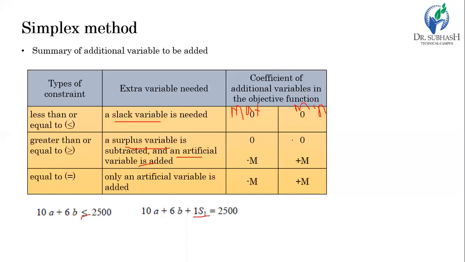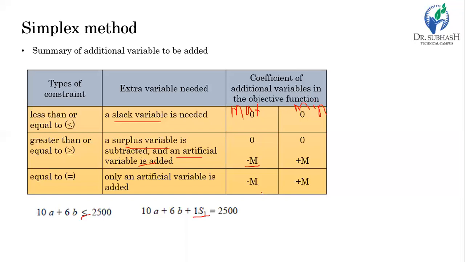Whereas the artificial variable, which is already added with the positive sign in the constraint, must be added to the objective function with a minus M coefficient, where M is a very big value, also called a penalty, in a maximization case. And if the minimization case is given, then we have to add this artificial variable with a plus M coefficient, or a very big value.